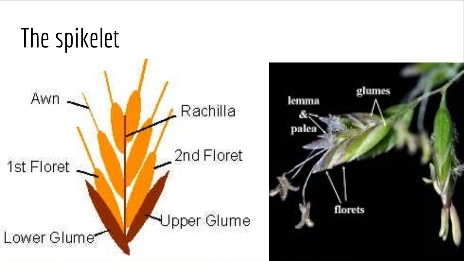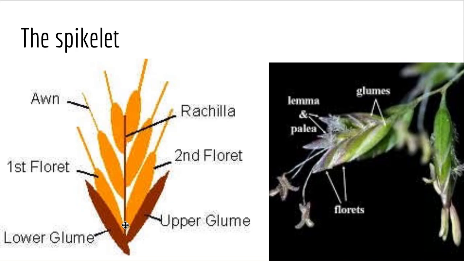Now more information on the spikelet. The spikelet is comprised of many different features which help identify them, as they're all different. So you start off with the lower glume and the upper glume. The upper glume is definitely not up here. It's down here, just above the lower glume.